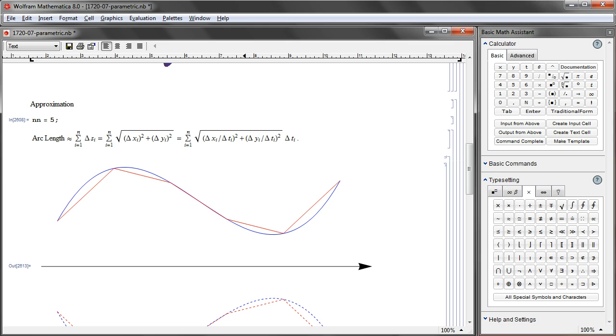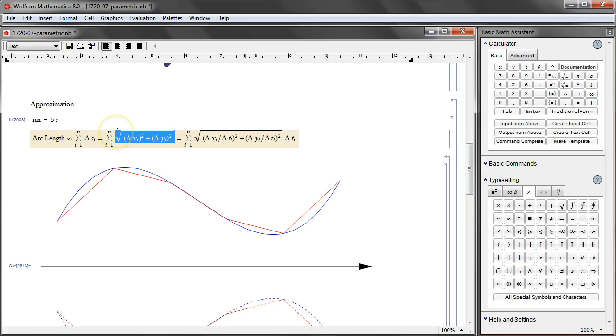And then the length of each individual line segment, which are represented in red here, can be calculated using the Pythagorean formula, because delta S_i is a hypotenuse of the right triangle given by horizontal and vertical edges.